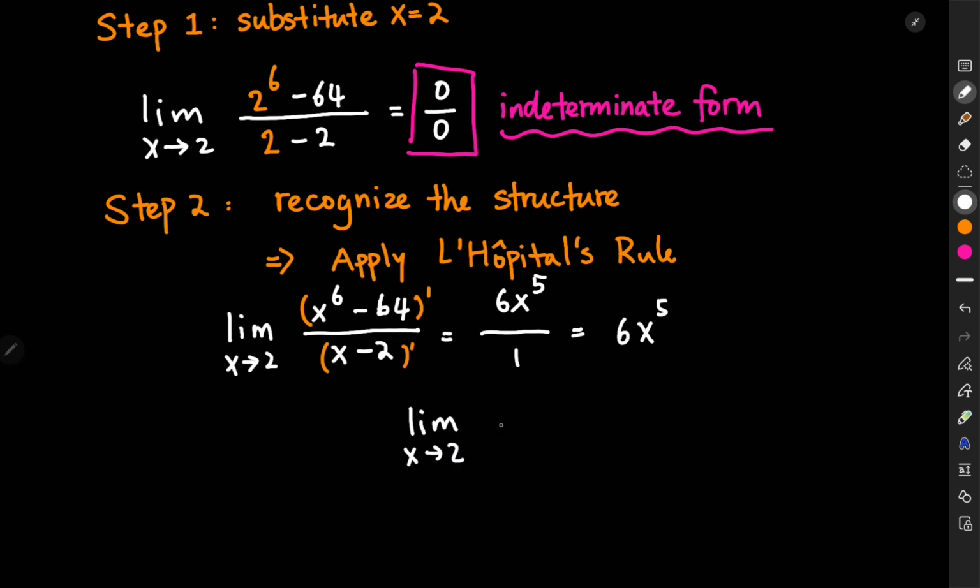Limit as x goes to 2 of 6x to the 5th power is equal to 6 times 2 to the 5th power, which is going to give us 192 as well.